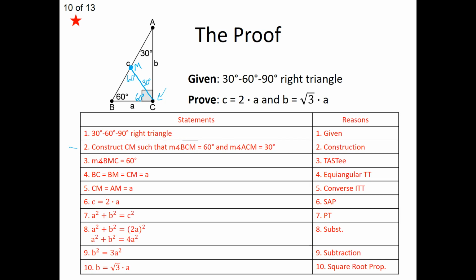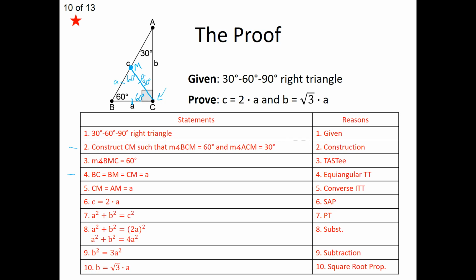It makes it an equiangular triangle, and we have a theorem that says if we're given an equiangular triangle, it's also an equilateral triangle. So in step 4 now, we know that all three sides are equal in length. BC is measured as a, which means CM is measured as a, and BM is also measured as a. All three of those sides measure the same length as a. That's what we've stated there in step 4.